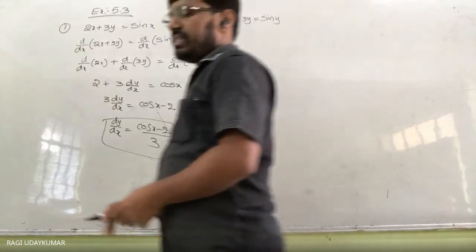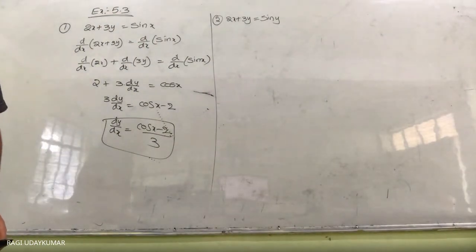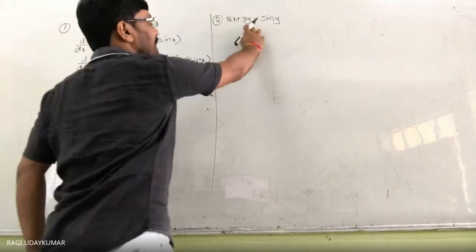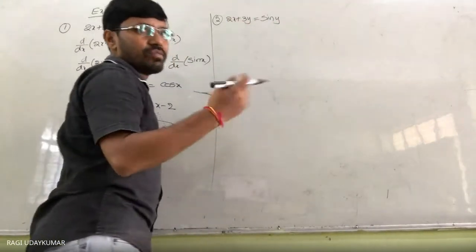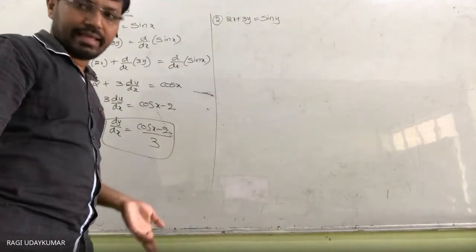To find the derivative dy by dx, y is present here and here. You cannot write this as y is equals to f of x.